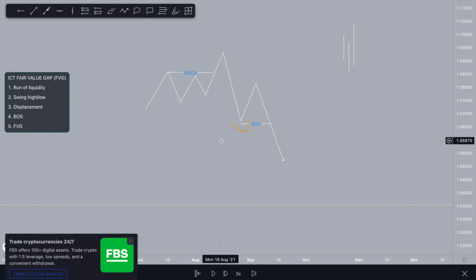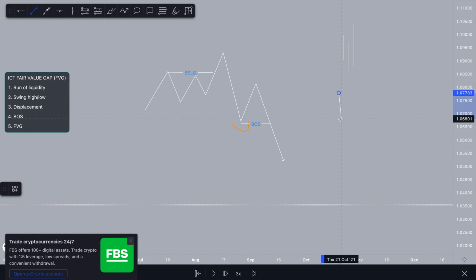A fair value gap is also a three candle formation. It could be bullish or bearish, regardless. Usually the second candle is bigger, or more powerful, than the first and the third candle. It looks like this.